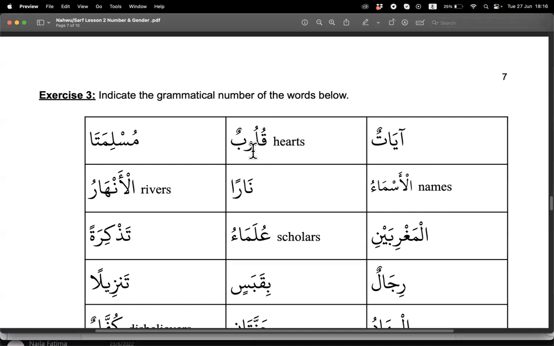Kulubun is Rafa. So we have a word that is plural in meaning. Is it non-human or human? Non-human. So if it's non-human and plural, how do we treat it?